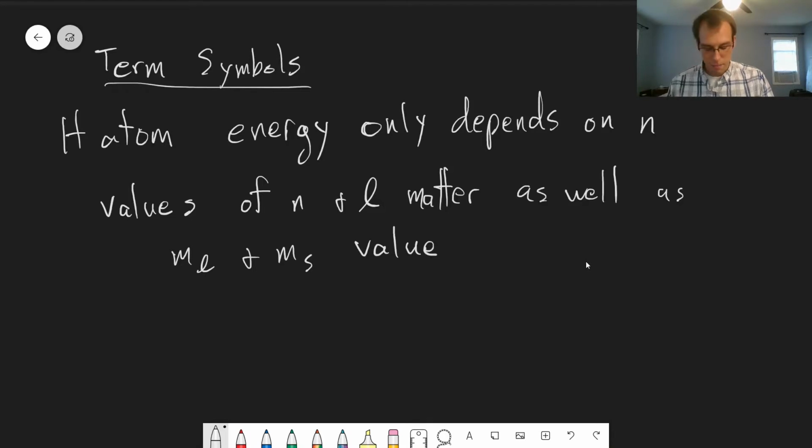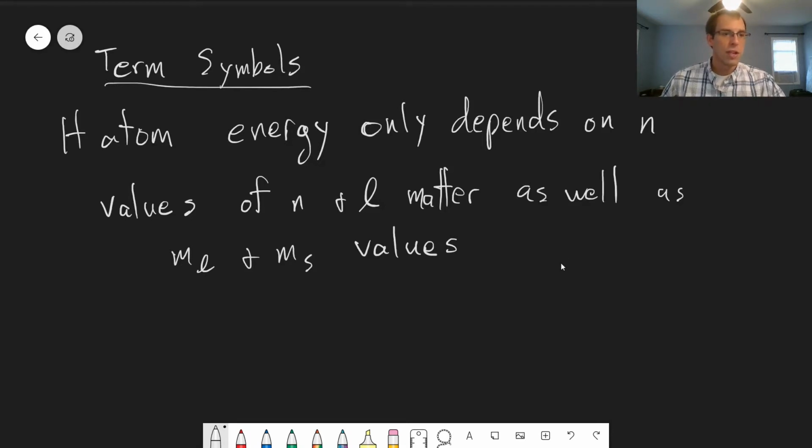So the spins matter because, as we saw in the previous video, we can't have any electrons that share all the same quantum numbers. That violates the rules regarding fermions, and that violates the Pauli exclusion principle, which is built on that. And so how our spins are arranged inside of a set of orbitals will affect the energy of the electrons in that orbital.